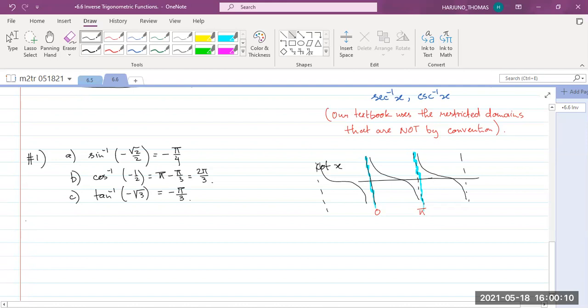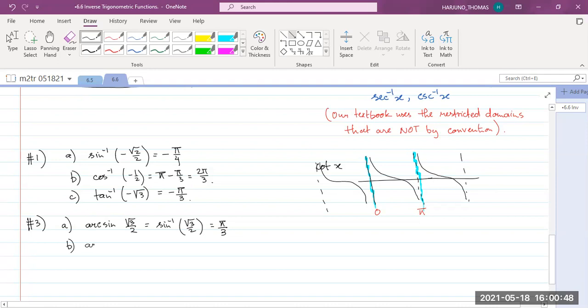Number 3, another way to write sine inverse is arc sine. This notation has exactly the same meaning as sine inverse. It's just an older notation. In the past, they wrote that as arc sine.